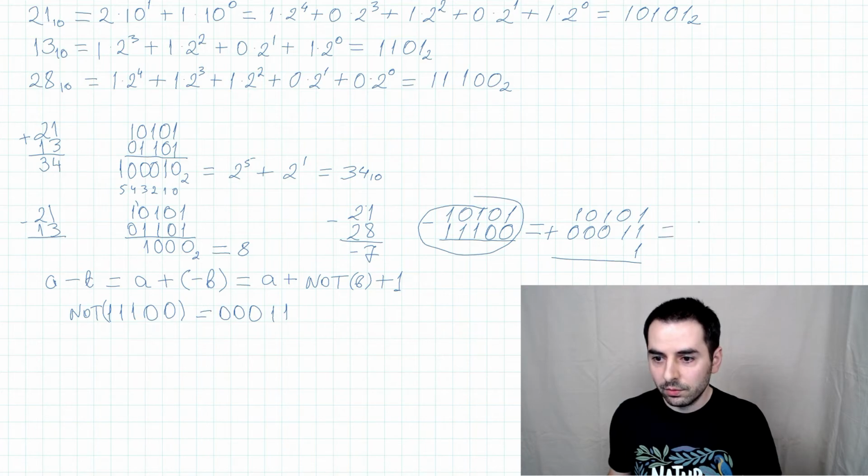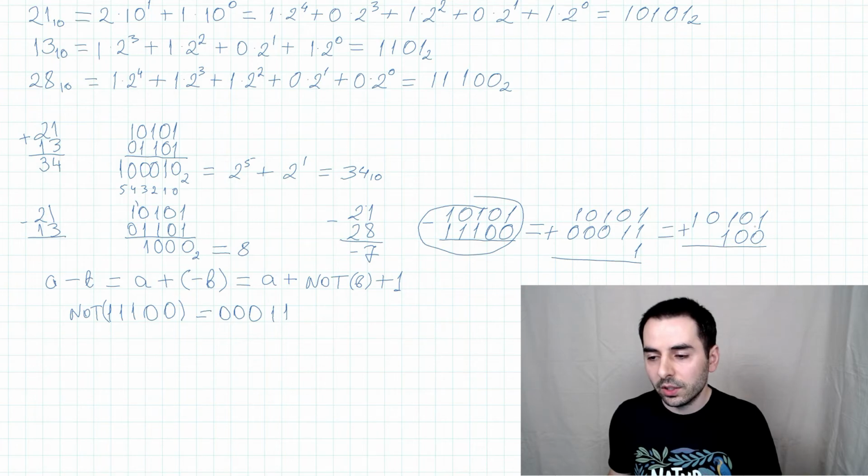So 1, 0, 1, 0, 1, plus, so if we add, this would be 0, 1, carry over again, 0, carry over to the next one, 1. Okay, now we can add this 1, 0, 1, 1 is 0, 1 carried over to the next, and then 1.